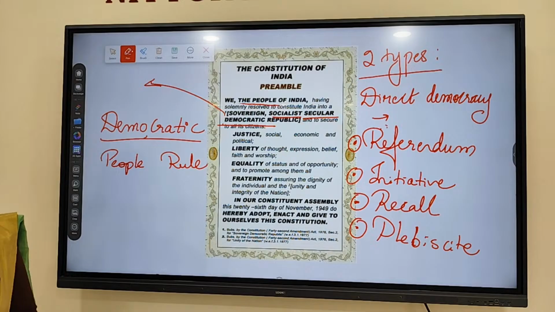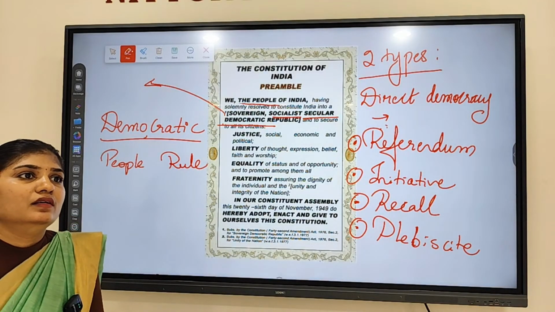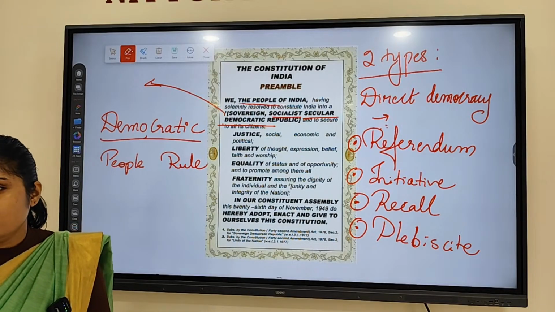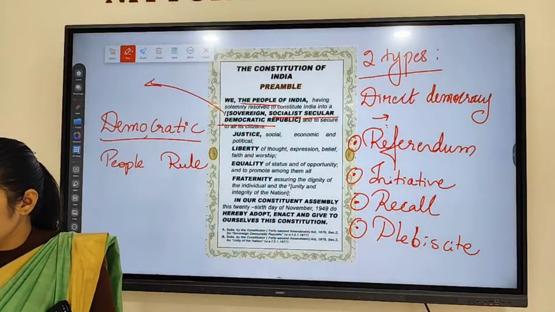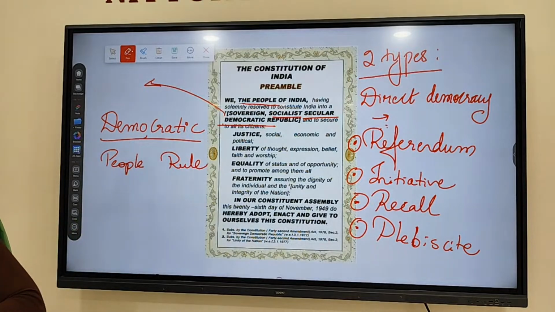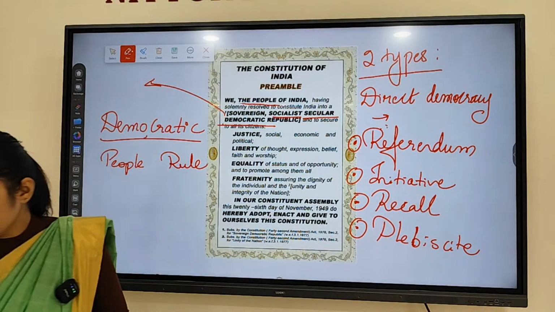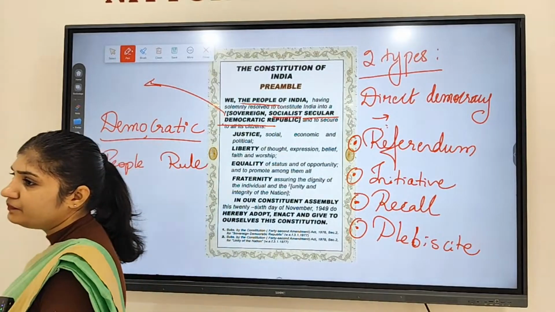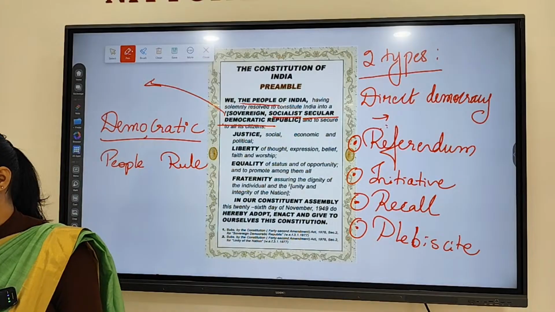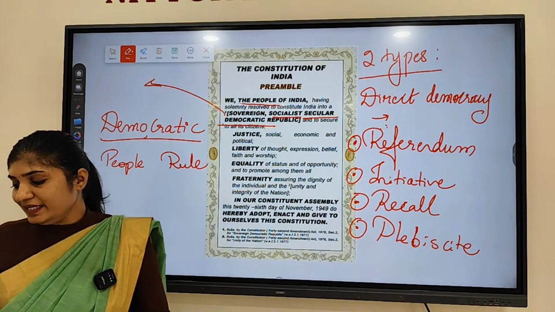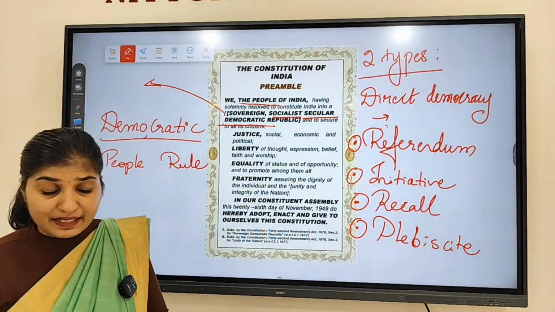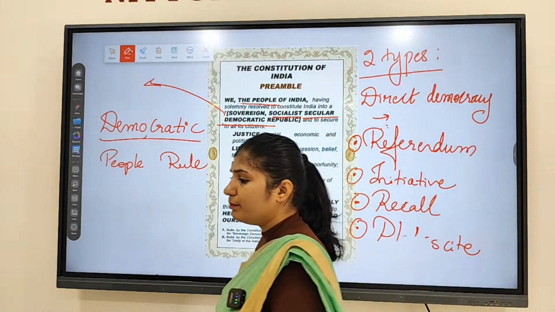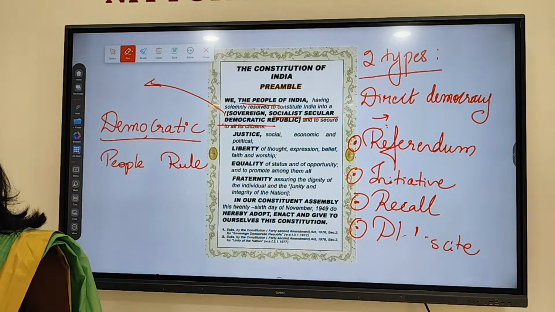Plebiscite is a direct vote by the citizens to decide a major national issue (often political or territorial), but it is not always legally binding. Binding means compulsory. Okay.